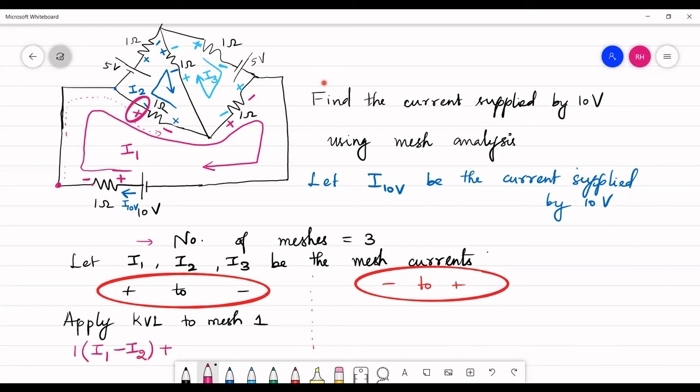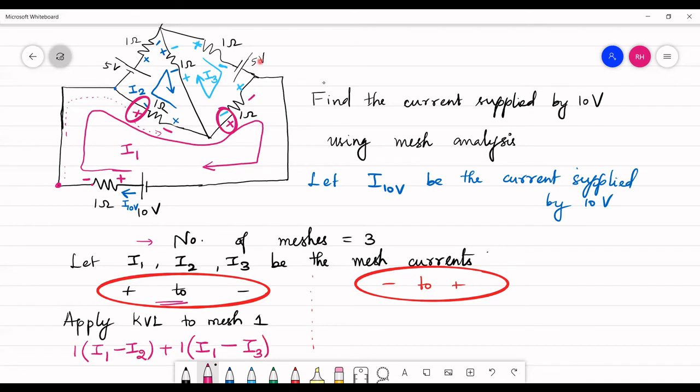And then I continue. Again here, when you continue your walk, you again travel from plus to minus. So along the side plus to minus, I write the voltage drop. It is 1 into I1. I3 is opposite to I1, and hence I write it as I1 minus I3.